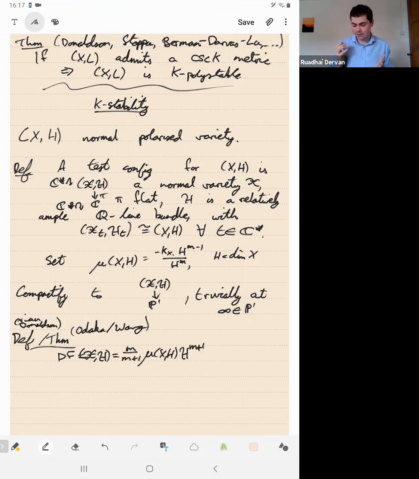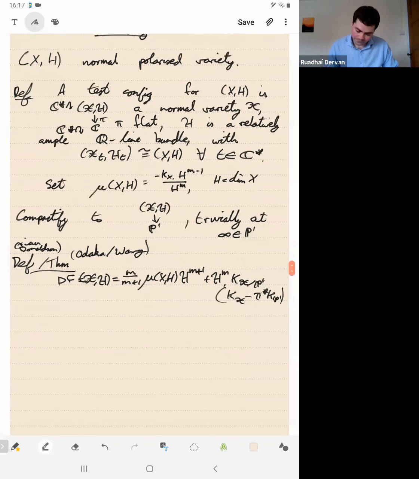So somehow the point of compactifying over P1 is that I can now do intersection theory on the total space curly X, which is now a compact projective variety. This is the relative canonical class, K_X minus pi star K_P1.